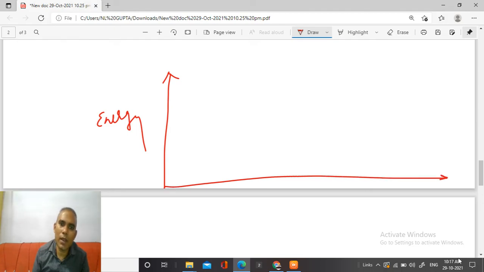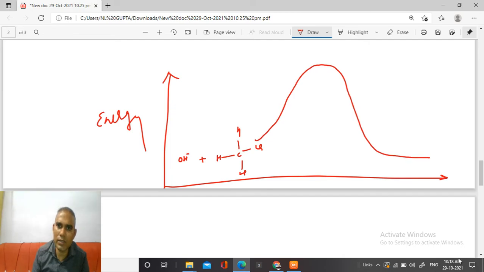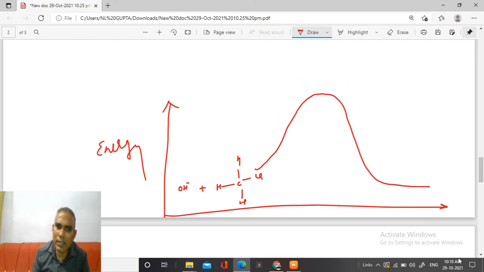Now you see, firstly we have OH minus here, and you can write the reactant this way: here is H, here is C, here is Cl, and here is H. That is the reagent. Now this energy is less. Here the transition state energy will be more.